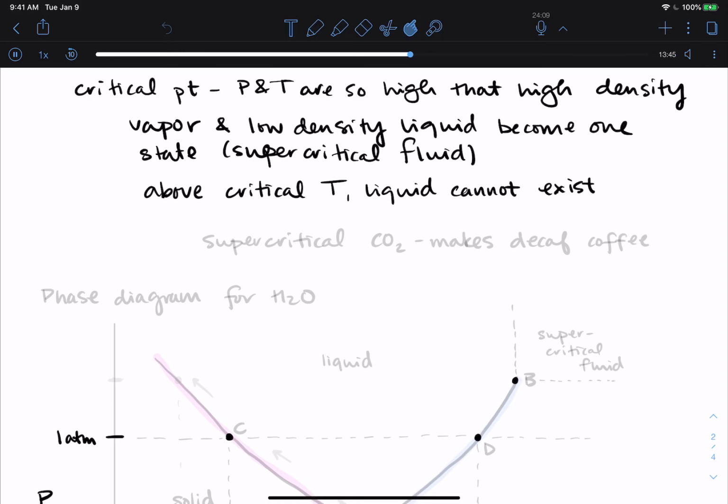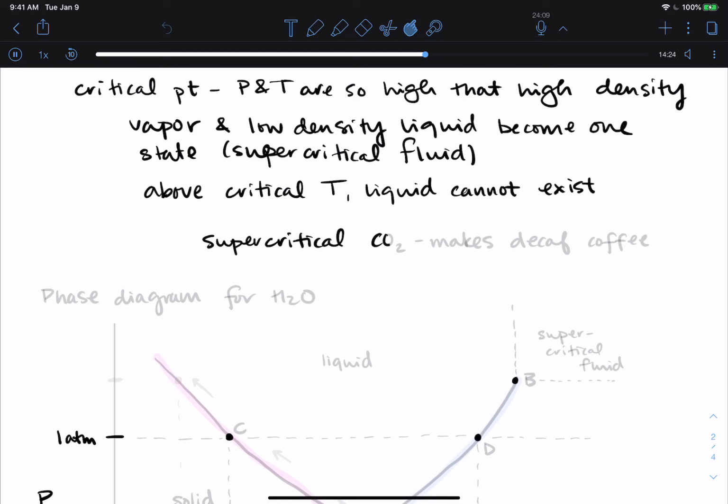It would dissolve the caffeine, and they would wash it away, and then they would try to evaporate the rest of the dichloromethane out of the now decaffeinated coffee, which is quite terrible, to be honest, because dichloromethane is very carcinogenic. It doesn't go away completely, so it also makes your coffee taste bad. So getting away from using that is very useful. They use supercritical carbon dioxide to make decaffeinated coffee now.